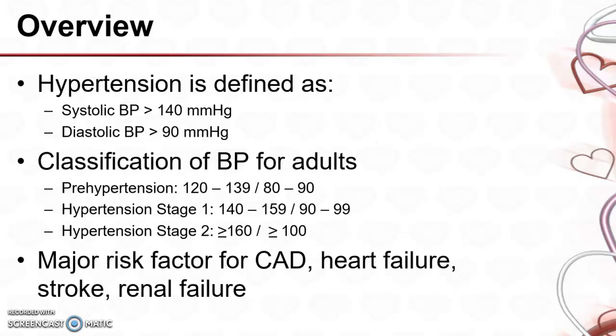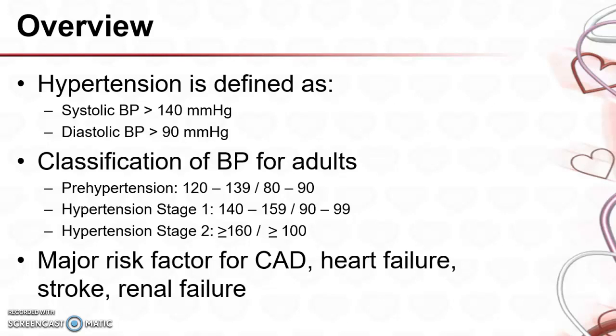Hypertension is defined as a systolic blood pressure greater than 140 millimeters of mercury and/or a diastolic blood pressure greater than 90 millimeters of mercury. This means that either one of these has to be above those thresholds. They don't both have to be.